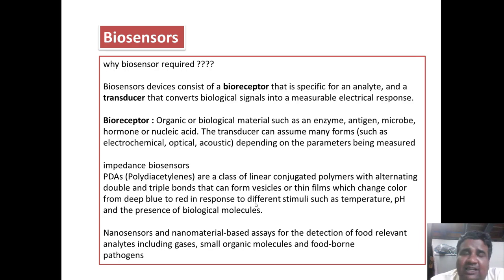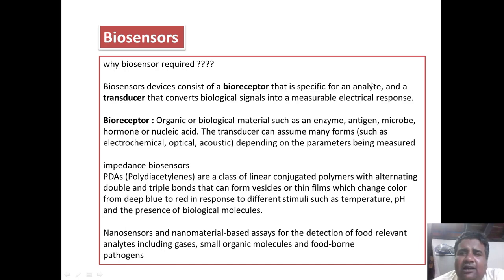Now they simply scan the product, and on the basis of its physical properties, they tell that this product has this much microbial load, and that microbial load will be approximately similar to what we get from physical examinations. So biosensor devices consist of bioreceptors that are specific for an analyte.